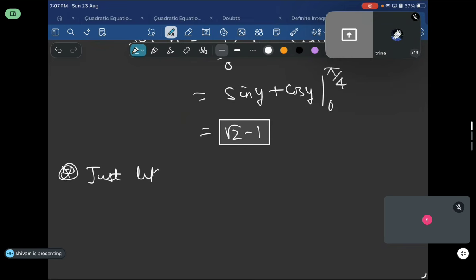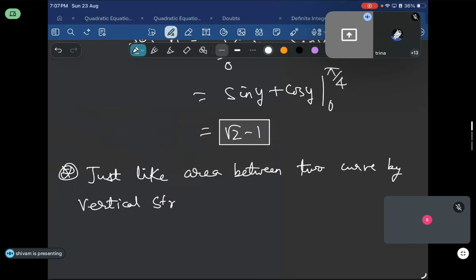So, just like area between two curves by vertical strip. Vertical strip means under x-axis. It is equal to top function, means the function which is at the top, minus bottom function.